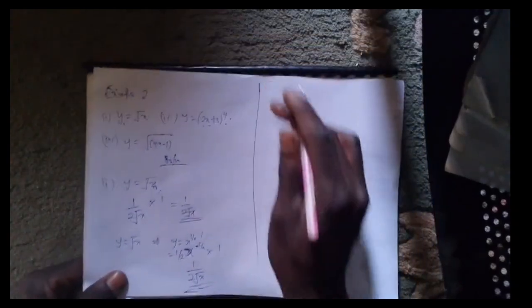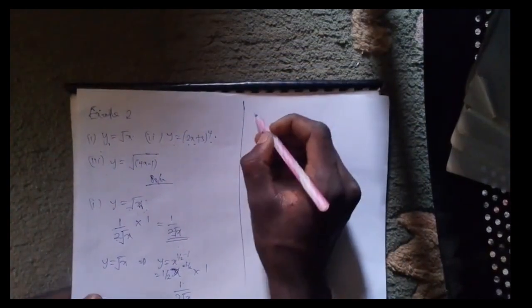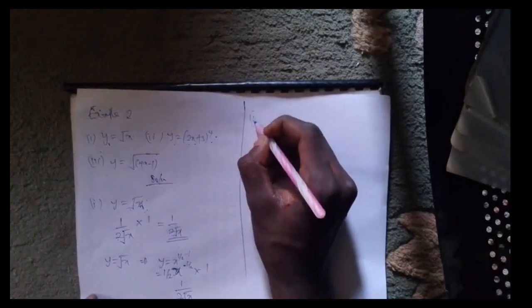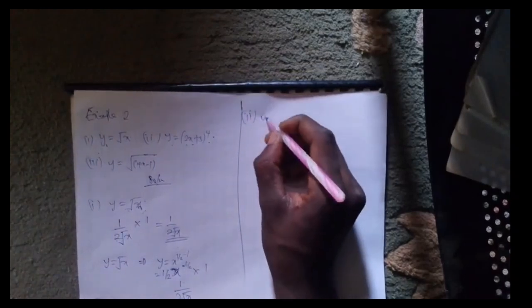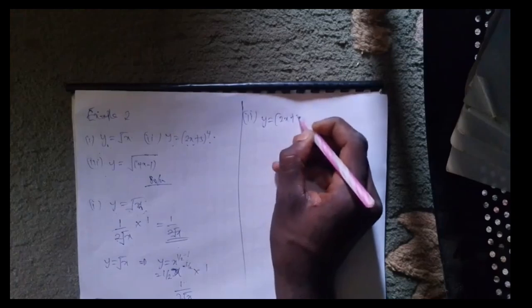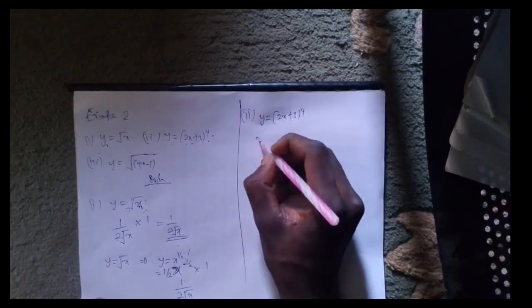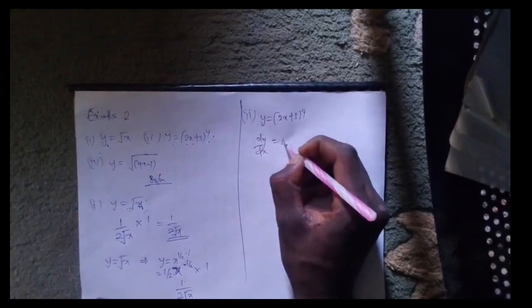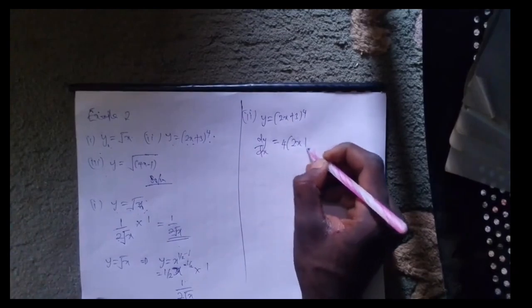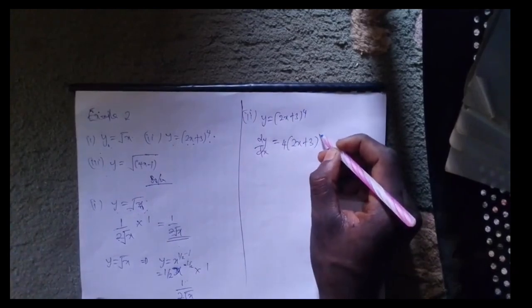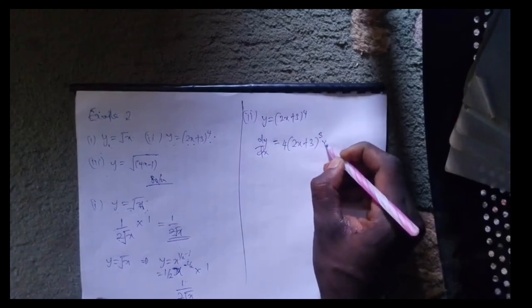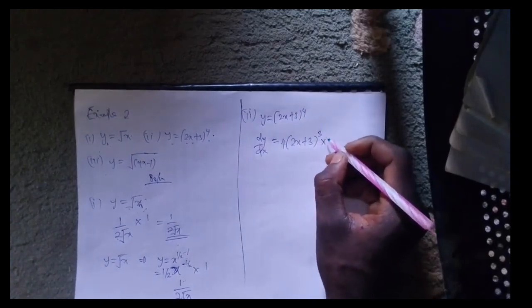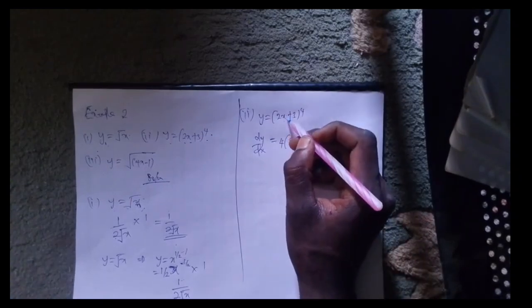Then the second part of example 2, y is equal to 2x plus 3 power 4. Then differentiate using the general shortcut formula: bring the power down, very simple. Write whatever is inside the bracket, subtract 1 from the power, which is 3, and then multiply by the derivative of whatever is inside the bracket.